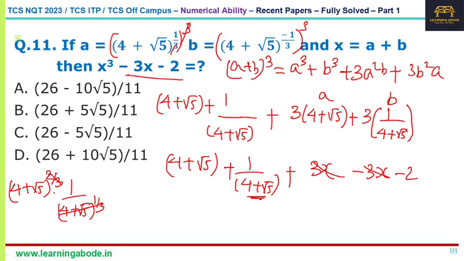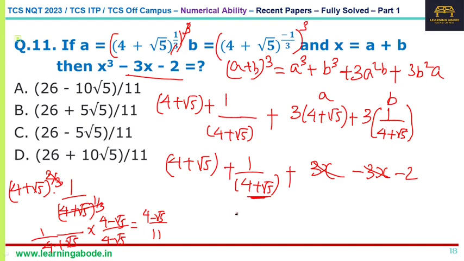Now how do I proceed further? Let me try to address this 1 by (4 plus root 5). I can write it as, just multiply by (4 minus root 5) and (4 minus root 5). So what you will have is (4 minus root 5) by (16 minus 5), 11. Okay, so you have (4 minus root 5) by 11.